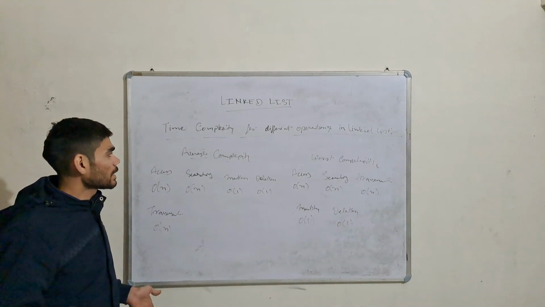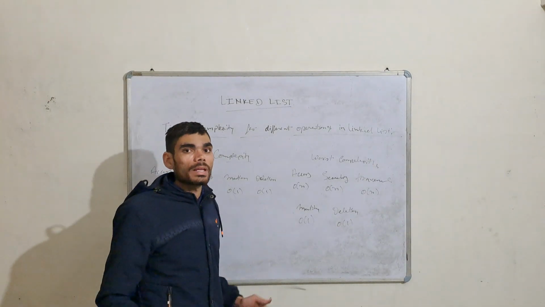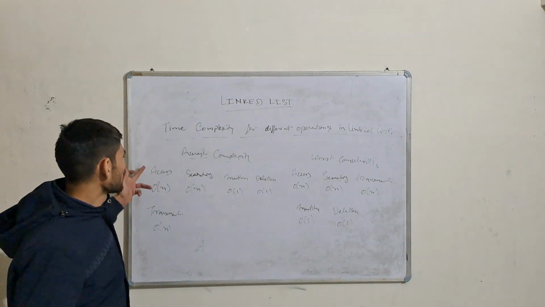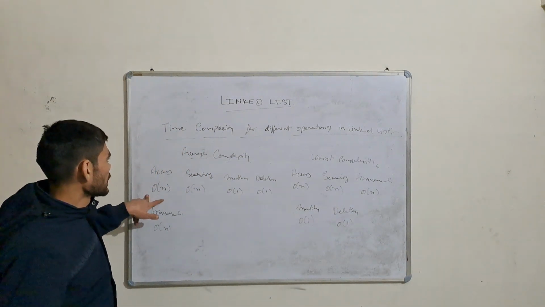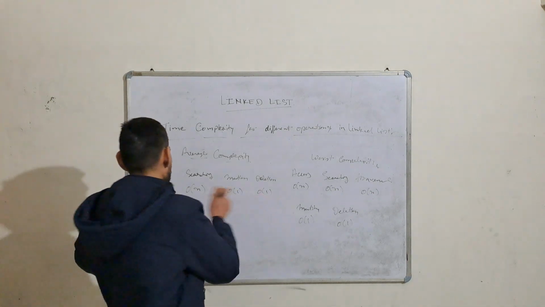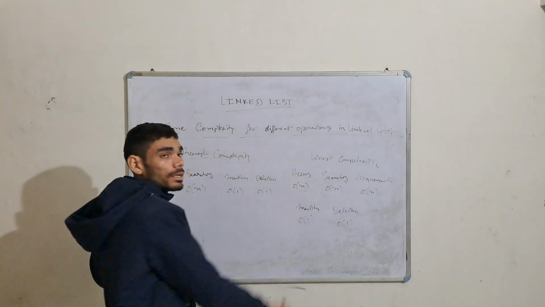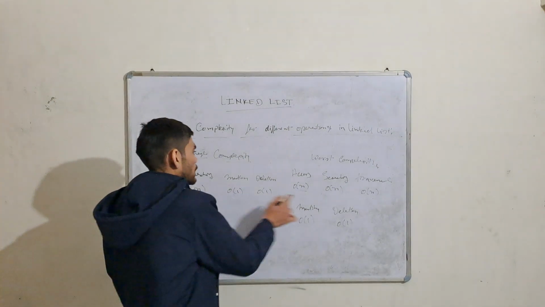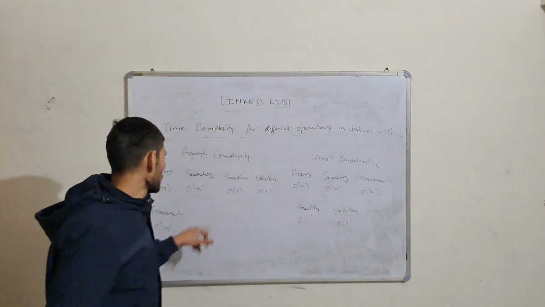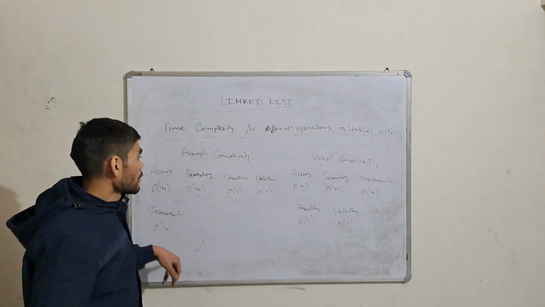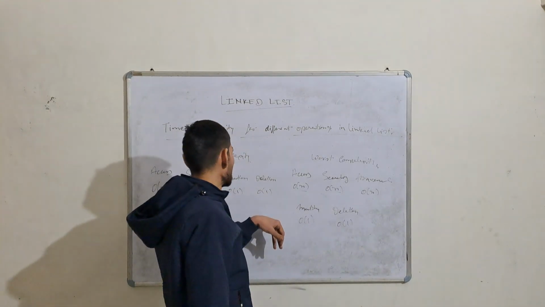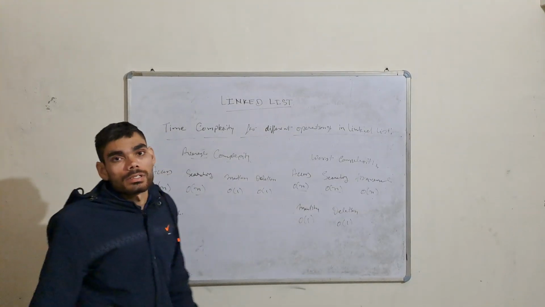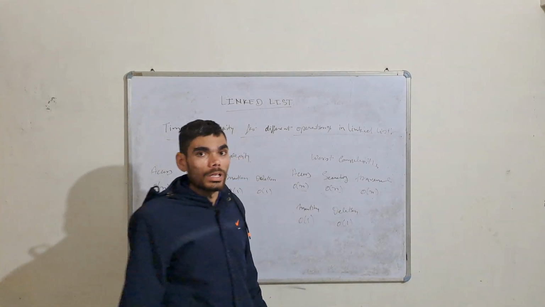As we can say, the average complexity and worst complexity of linked list are the same. For accessing, searching and traversal both are big O of n, and for insertion and deletion both are constant, that's big O of 1.